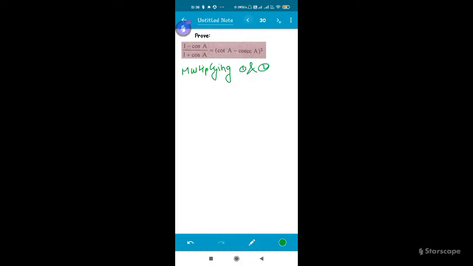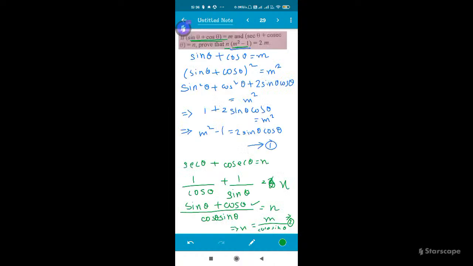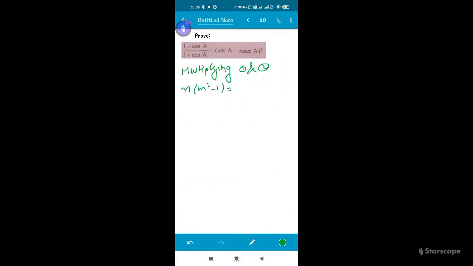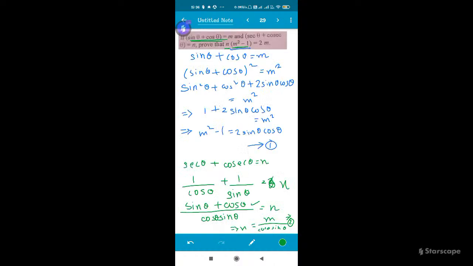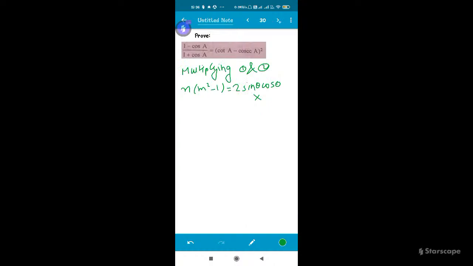So in the left hand side we have n into m square minus 1, and in the right hand side we have 2 sine theta cos theta into m by cos theta sine theta.